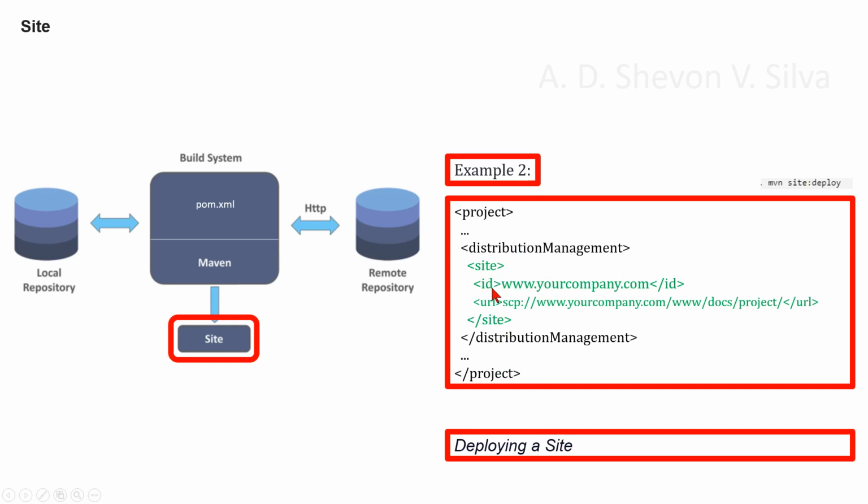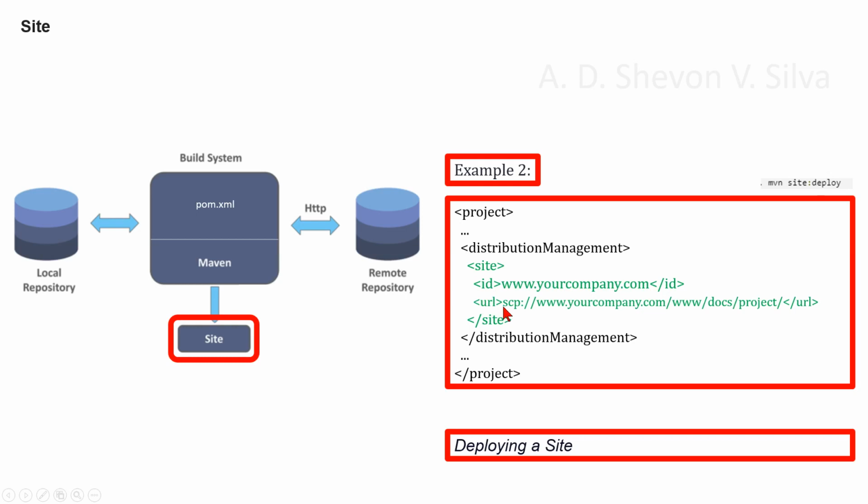The ID element defines the repository so that you can attach credentials to it in your settings.xml file using the servers element, as you would for any other repository. The URL gives the location to deploy to.